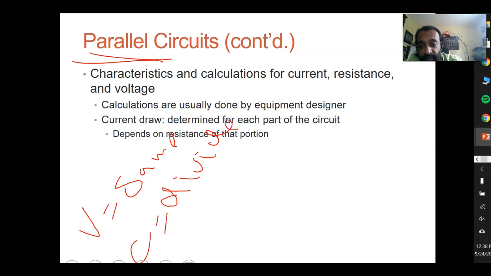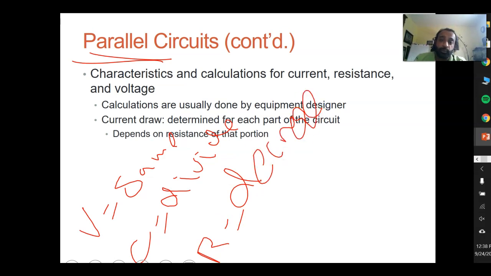based on the need, and resistance, what happened? This is the tricky part. It decreases. The resistance will decrease, which is good for us. We want to consume less because we have less resistance. So in series circuit, we said that the resistance will increase. In parallel circuit, the resistance will decrease. Try to wrap your mind around this.